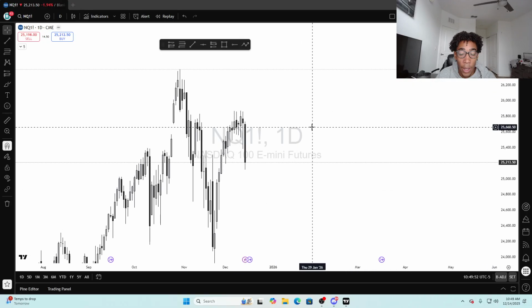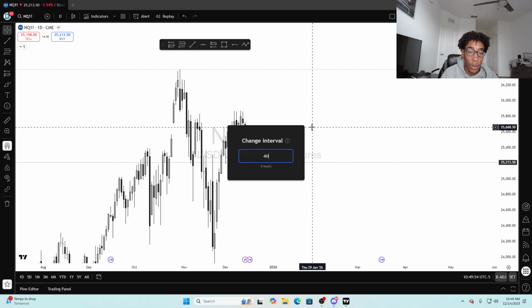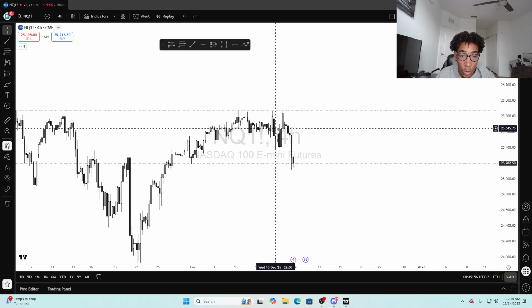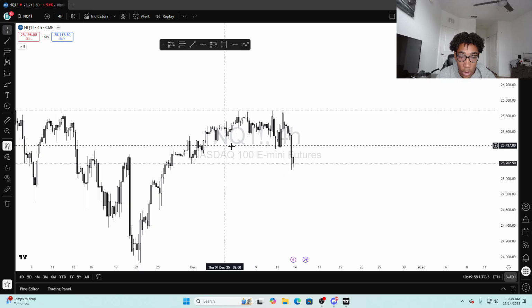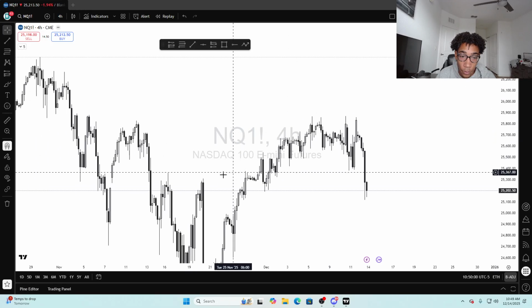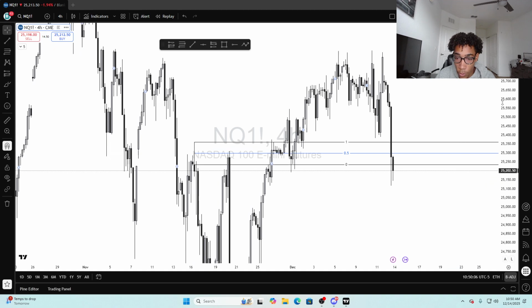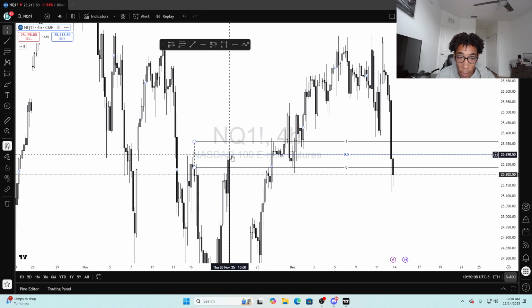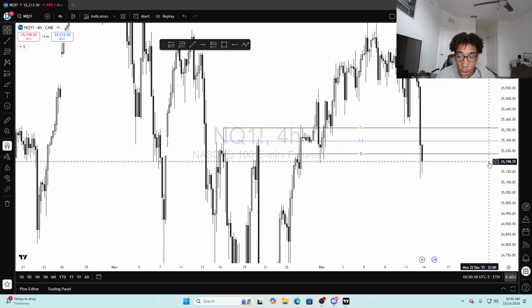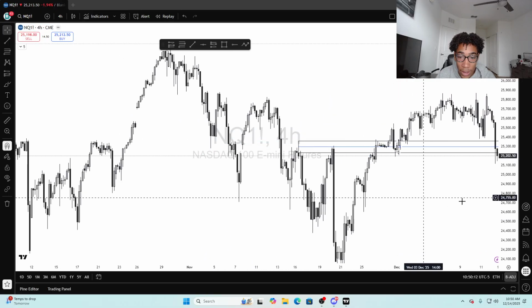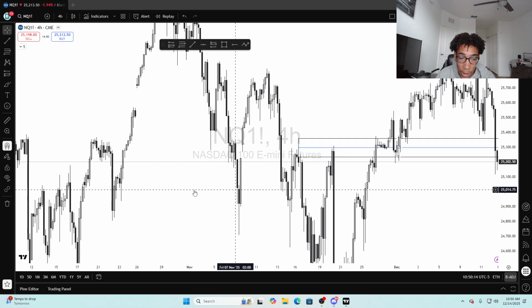So, with that being the story, you could use rejection blocks in essentially two ways, right? You can use them like I said to bottom and top tick, which is for example right here. Or you can use them to essentially show you where price is heading next.